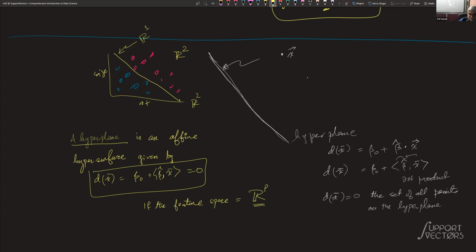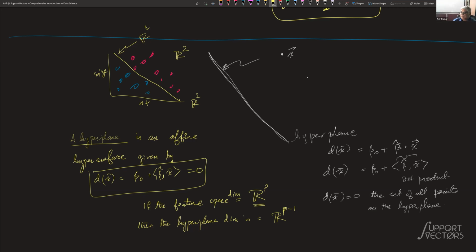So in the same way, if the feature space is R^p, then the dimensionality of the hyperplane is R^(p-1), one less. In three-dimensional space, it will be a plane, like a sheet of paper. And we can generalize to higher dimensions.